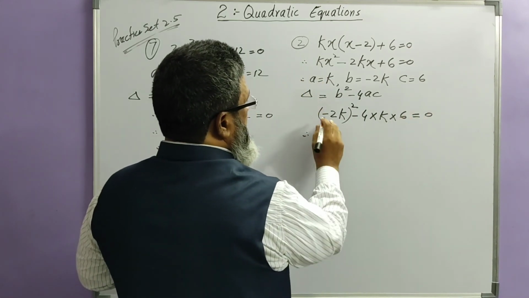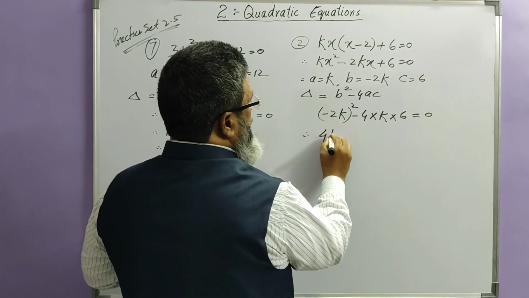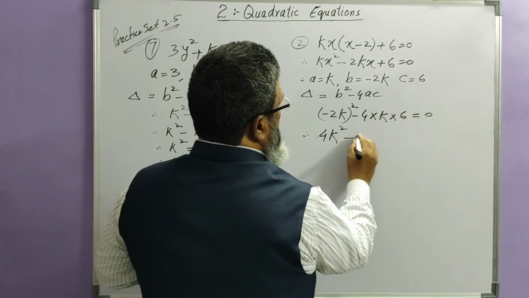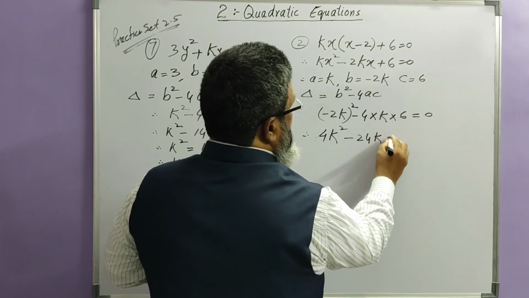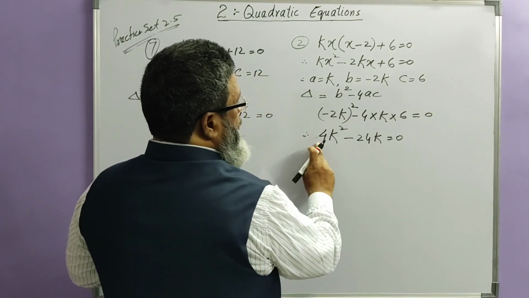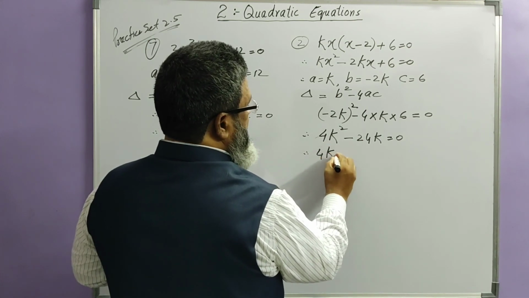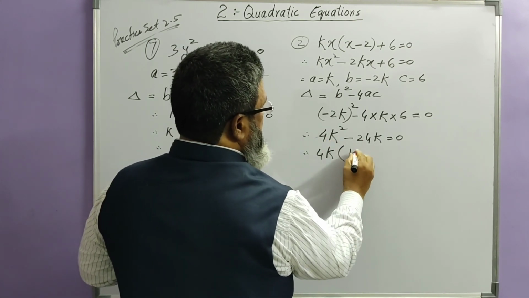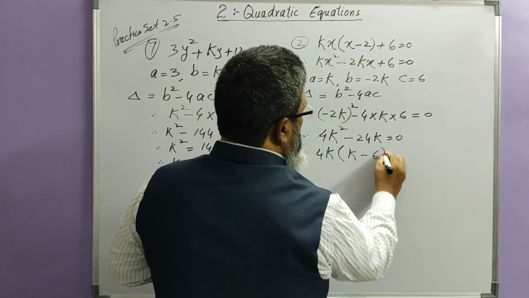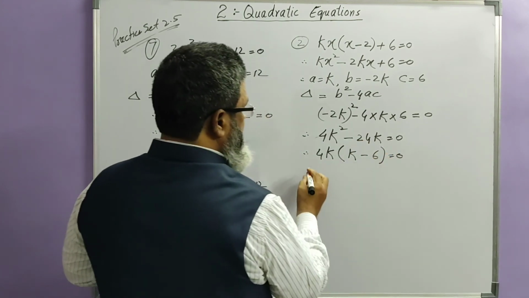So therefore minus 2k square is minus minus plus 4k square minus 4 into 6 is 24k is equal to 0. Here take 4k common. Therefore 4k is common, remaining is k minus 6 is equal to 0.